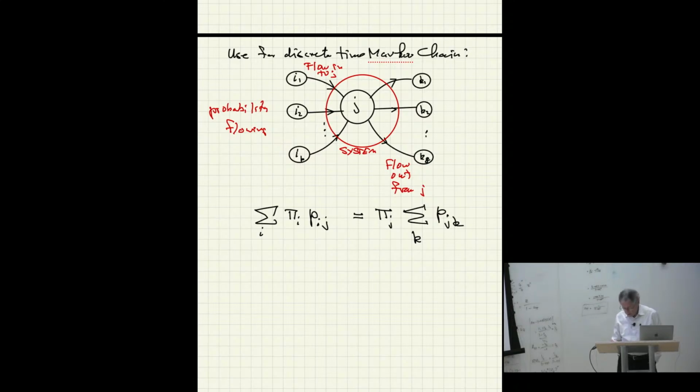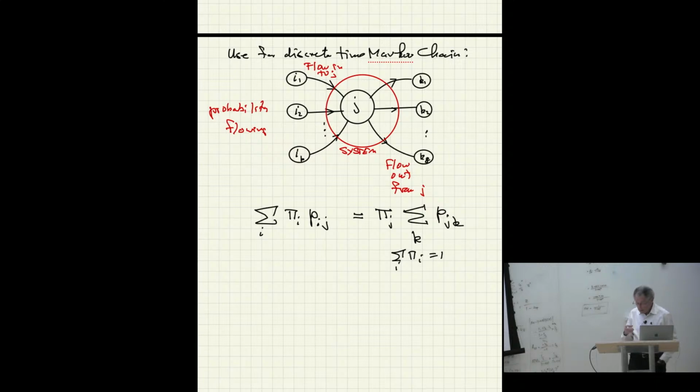And of course, we have to append to this the summation of pi sub i equals 1. Now, what I've just written down is an equilibrium distribution. It's balancing probability. It says there's no change in the probability inside the system from step to step. So whatever flows in must be the amount that flows out.